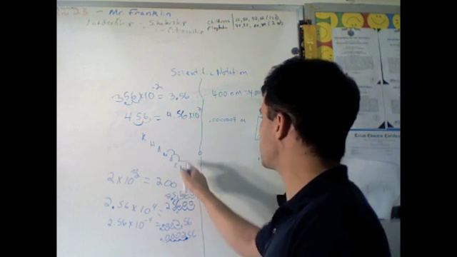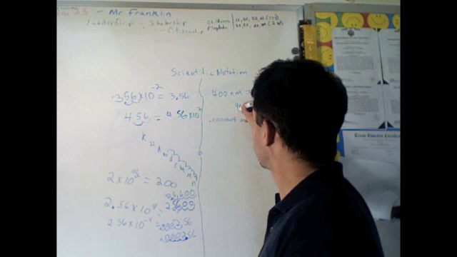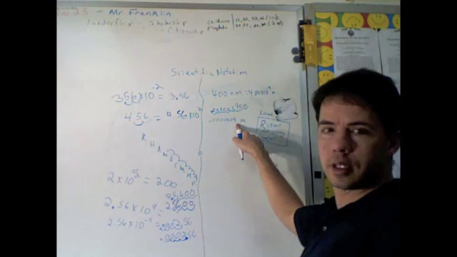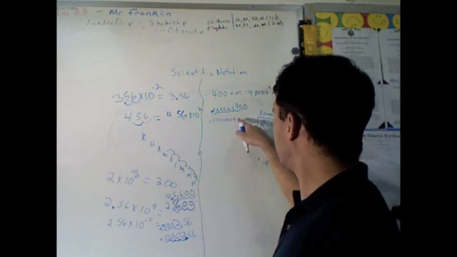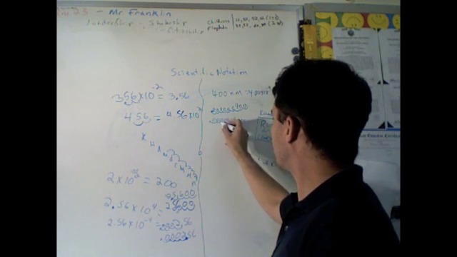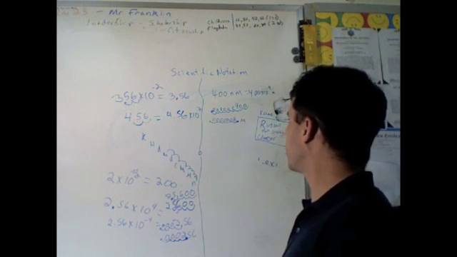So we're going to move the decimal 9 places. So we start here. I'm going to write it again here. 400. We go 1, 2, 3, 7, 8, 9. If I'm going to convert it to scientific notation, remember I've got to move the decimal until it's to the left of the number.